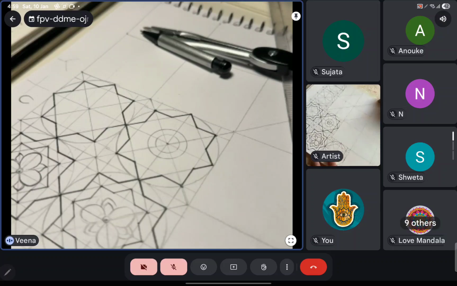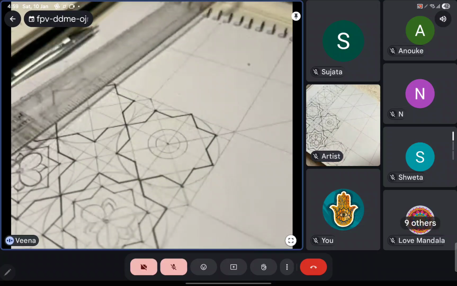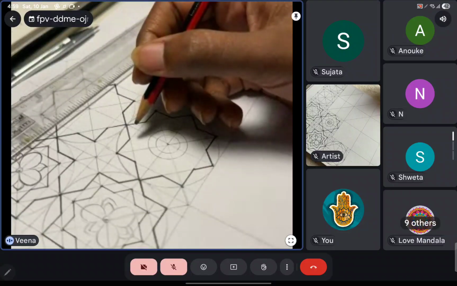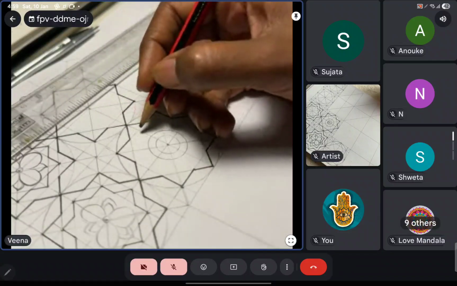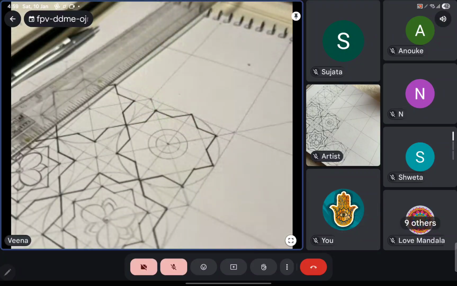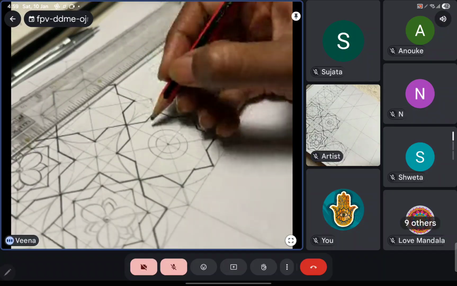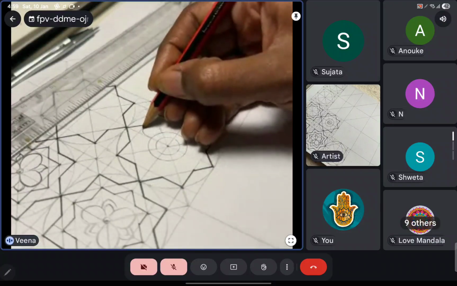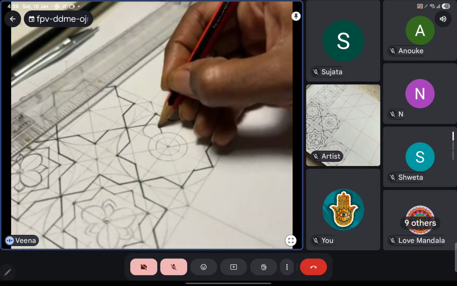Then I'll grab the pencil to show you the design. I've kept it really simple with a pointed petal. I'm going to take this as one segment and do a pointed petal like this.